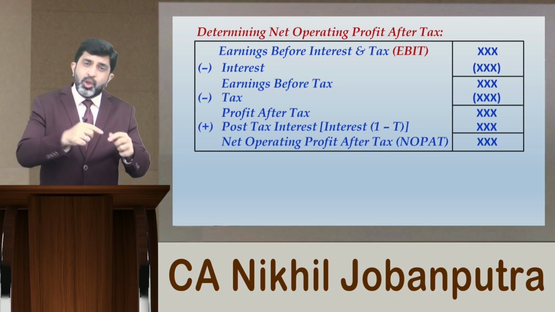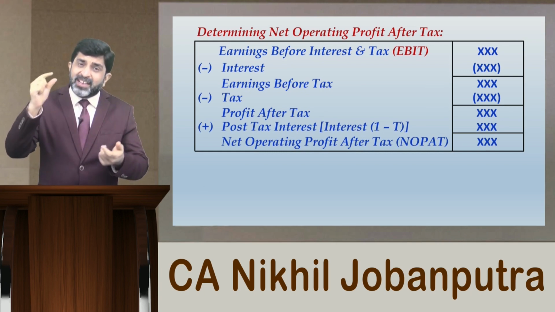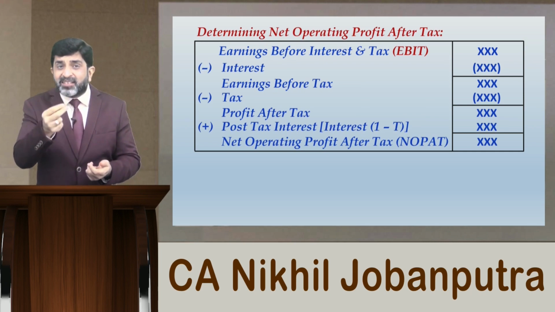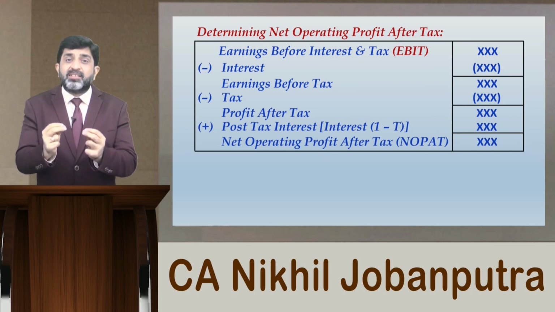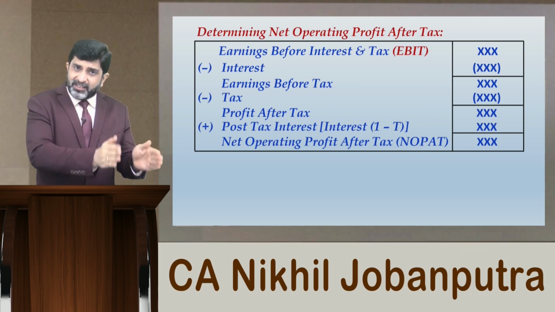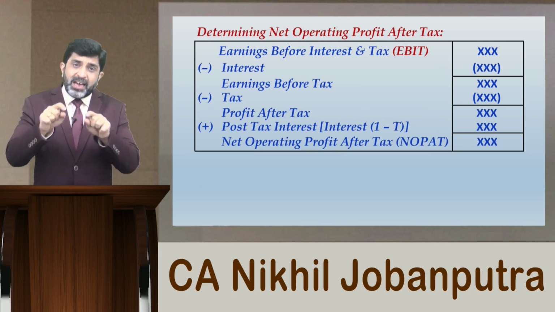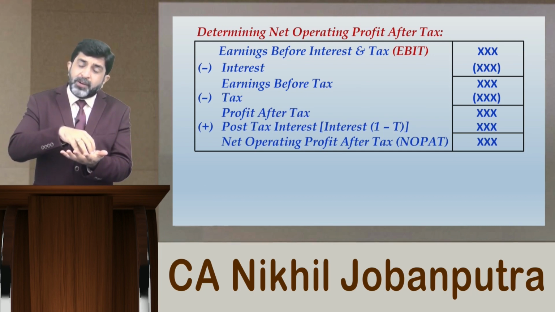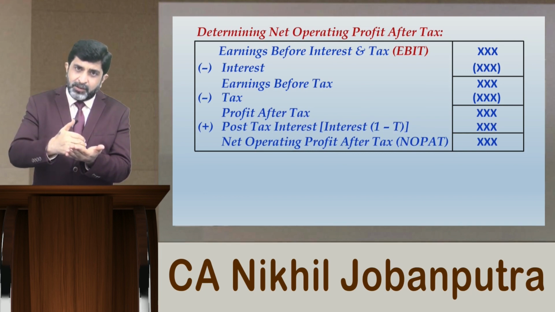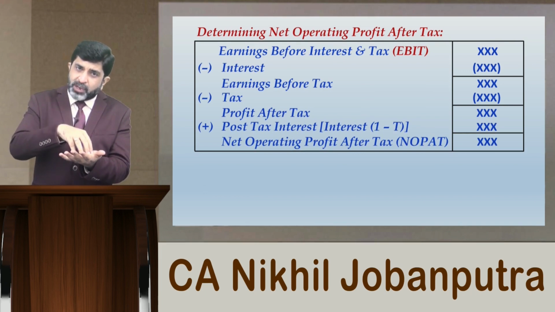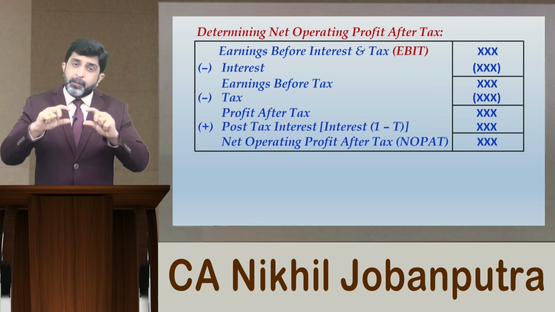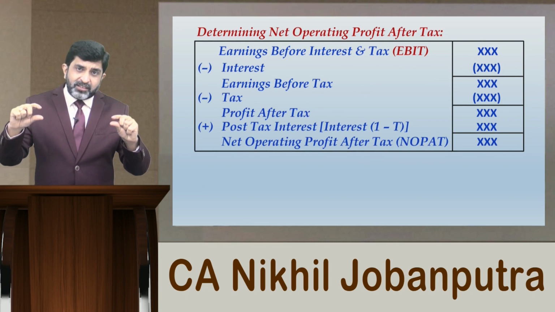For that purpose, you have to subtract the interest element, because interest is a tax deductible expense. That means under income tax law, interest is a deductible expense. So to correctly arrive at the amount of profit that will be subject to tax, you have to first subtract the interest. Then when you get profit before tax, on that you compute the amount of tax, subtract the tax, and you get net profit after tax.